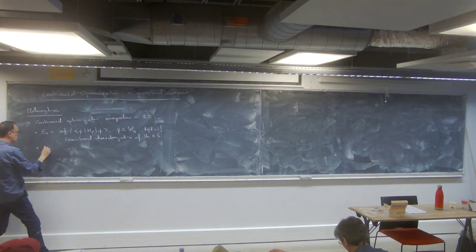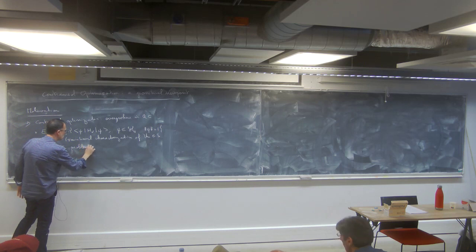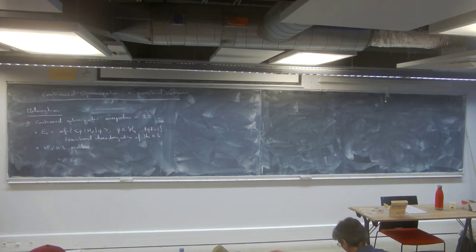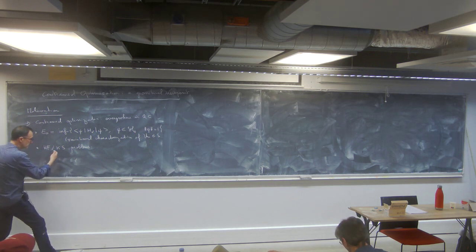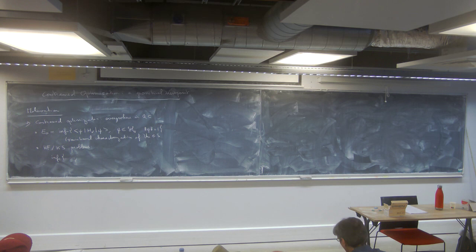Other examples are Hartree-Fock and Kohn-Sham problems. When I discretize this problem, for instance in an atomic orbital basis set, we obtain two formulations. The first one is called the molecular orbital formulation.